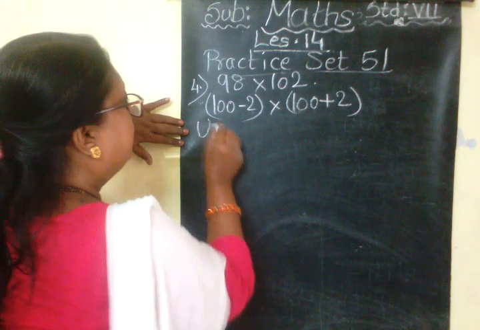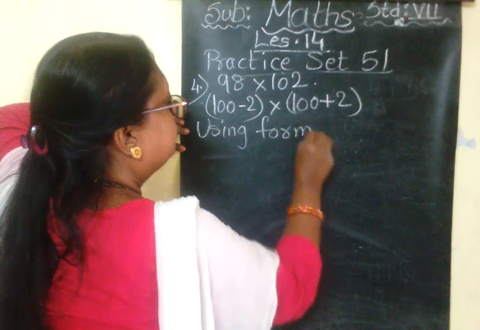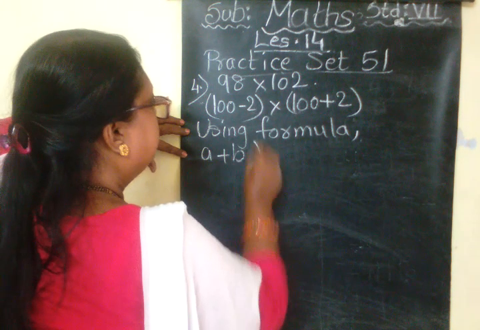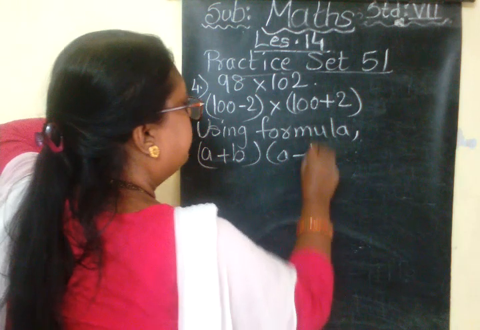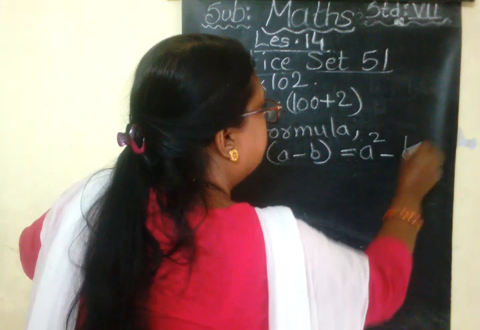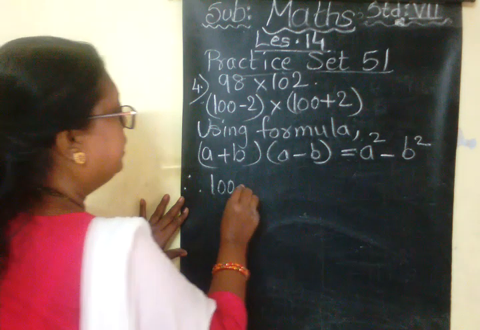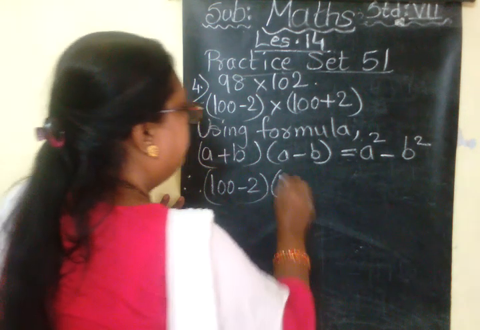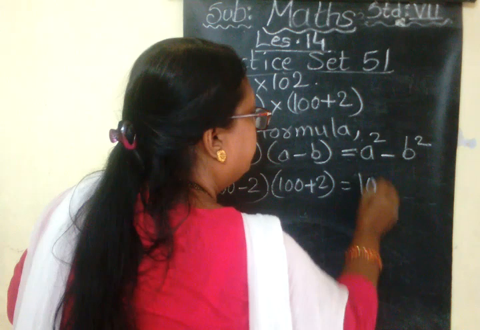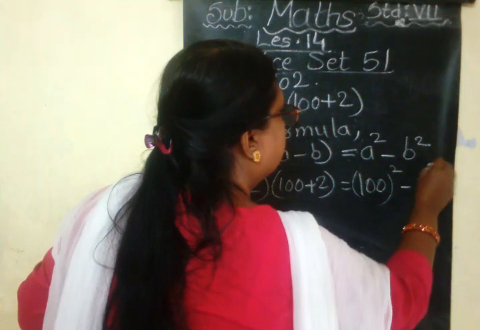Now using the formula, a plus b multiplied by a minus b is equal to a square minus b square. So therefore 100 minus 2 into 100 plus 2 is equal to 100 square minus 2 square.